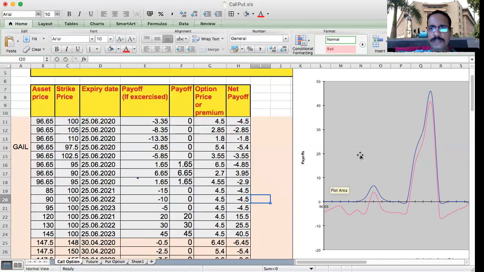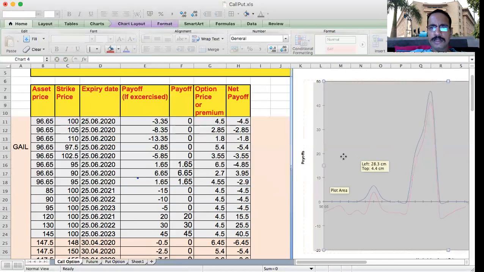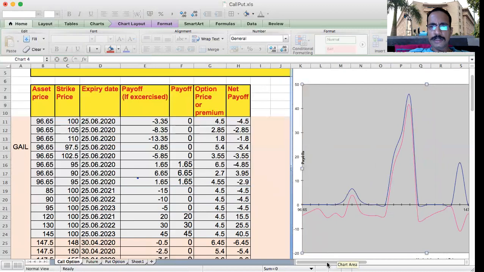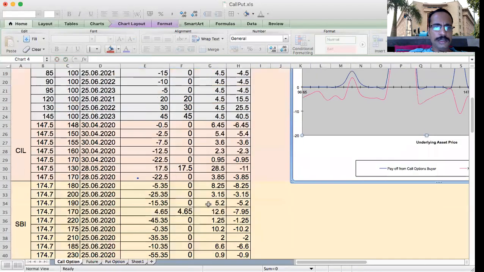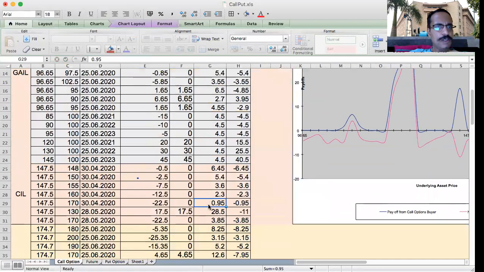Now what you can see from this graph, let me drag it here. So this is the graph now. I need to erase the other share prices from this.